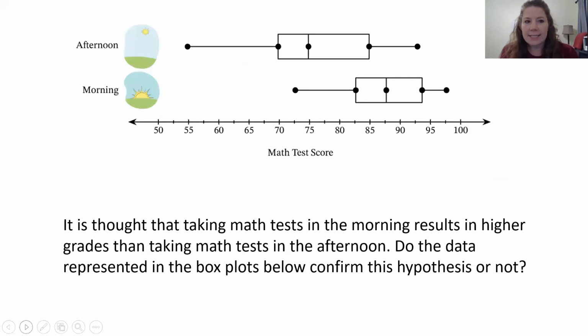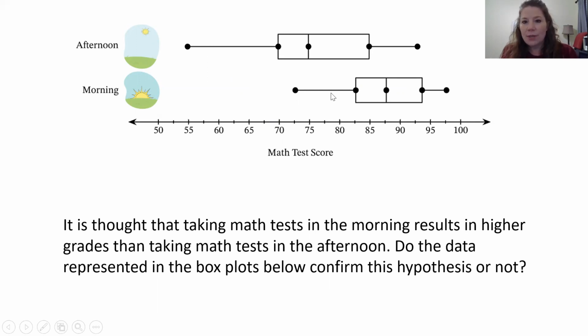All right, let's look at this. We have math test scores of tests that were taken in the afternoon, much more varied than the scores of students who took their math test in the morning. Much shorter box and whisker plot, which means their scores were much more consistent, and it looks like overall much higher.